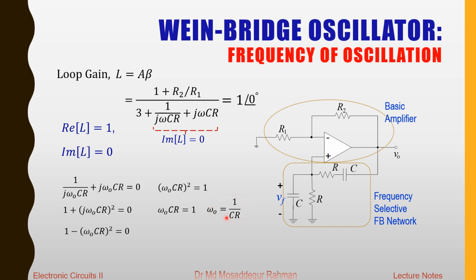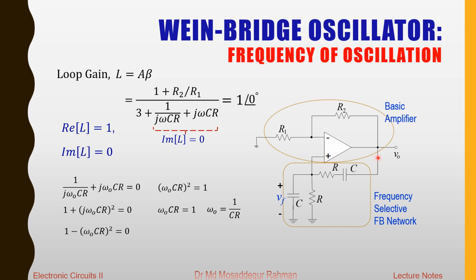Finally we get this expression for the frequency of oscillation. So this will be the frequency for which the imaginary part will go to 0, so that the phase angle or phase shift will be 0. So if the signal frequency is this, that is the frequency for which the total phase shift around the loop will be 0, and that is the frequency of oscillation.